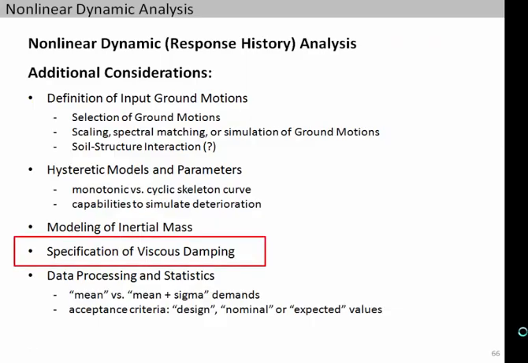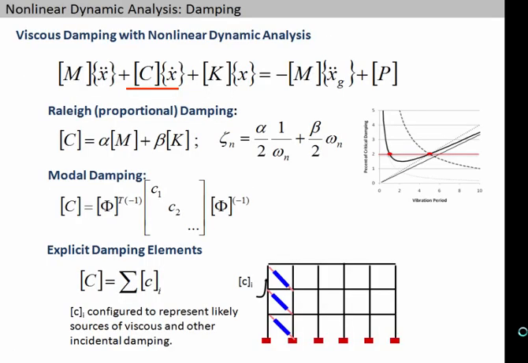A few slides on, there are many things about response history analysis we could talk about. One I wanted to spend a few slides on is viscous damping. Graham Powell calls this unmodeled energy dissipation. That means not that we're not modeling it in our analysis, but that this is the energy dissipation we're not otherwise capturing in our hysteretic elements. From a mathematics standpoint, it's what we're putting into the C matrix.